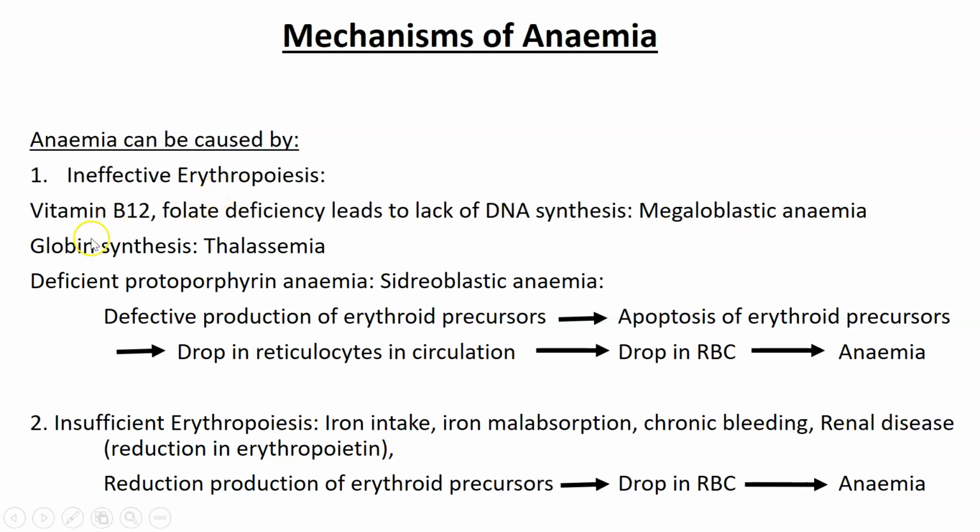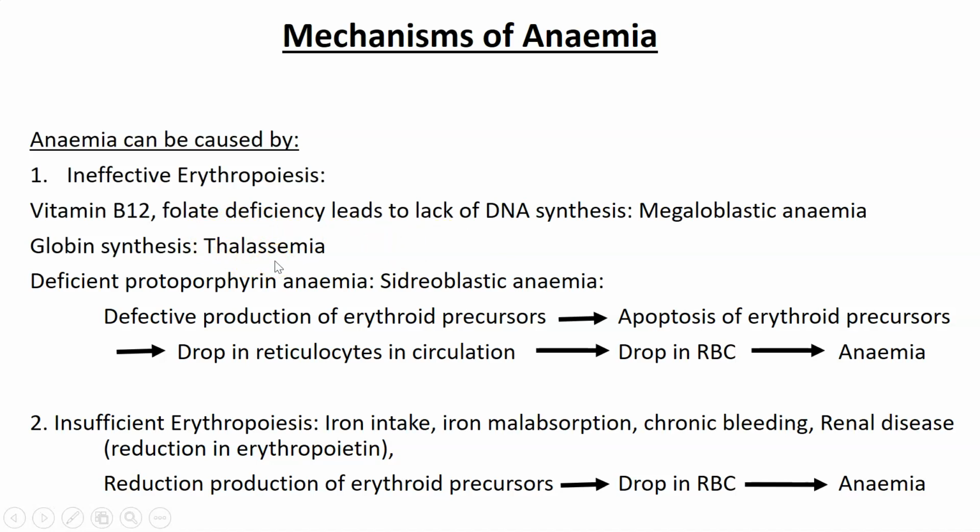Another feature of ineffective erythropoiesis is globin synthesis. Remember, in hemoglobin, heme is one part and globin is the other part. If there's a problem with globin synthesis, that can lead to another condition called thalassemia, which is a form of anemia. Because you're not producing enough globin and enough heme, you're not producing enough hemoglobin.